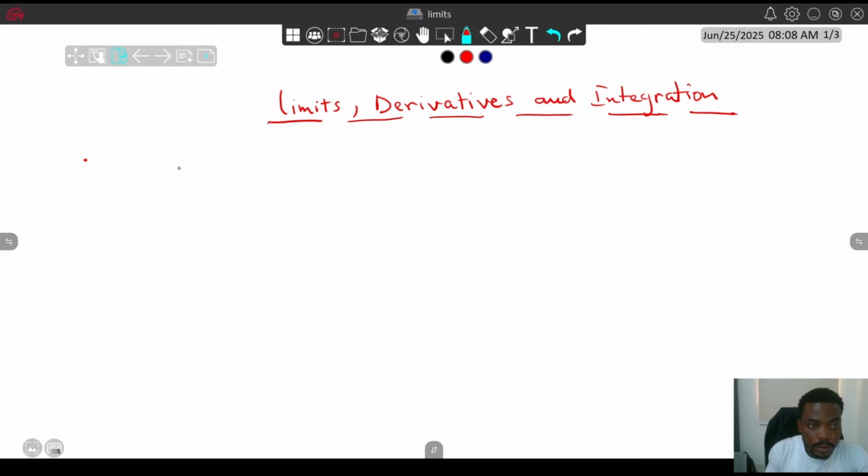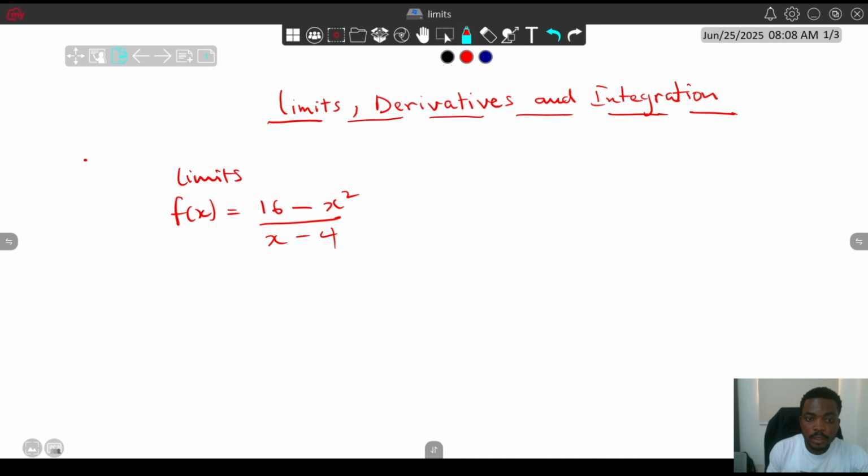So for limits, for example, say you have a function f of x equals 16 minus x squared all over x minus 4.